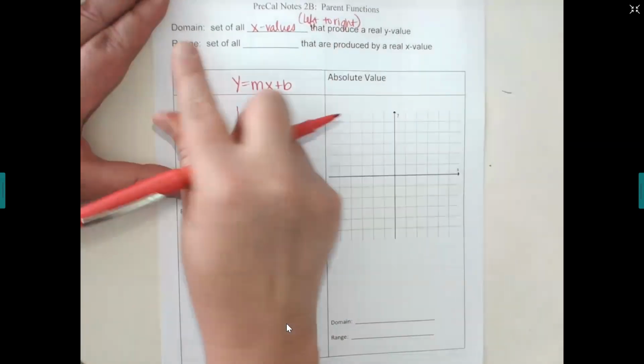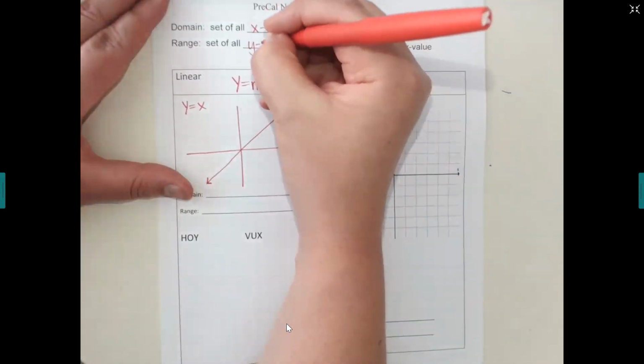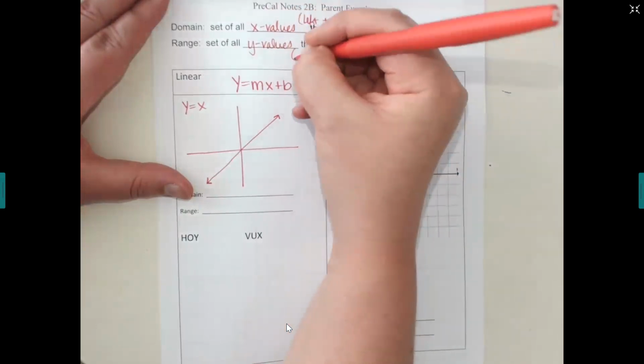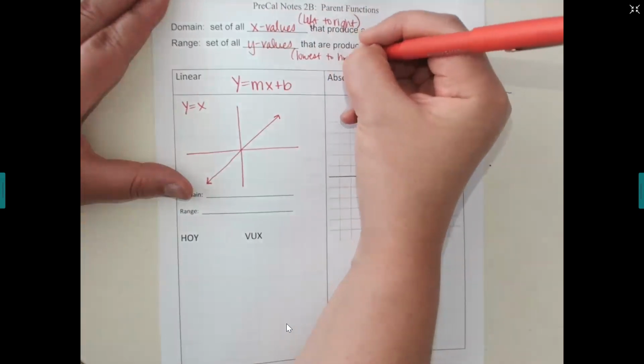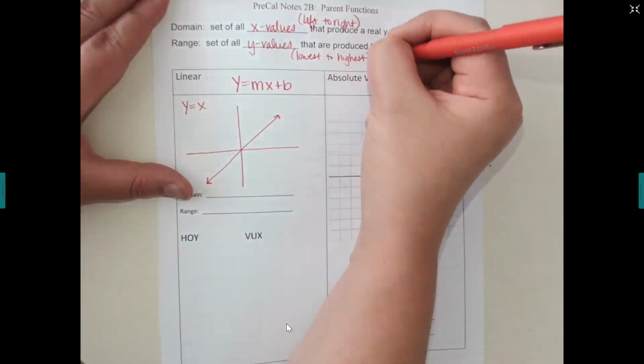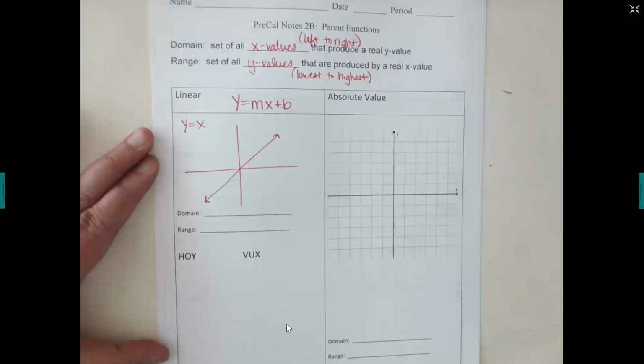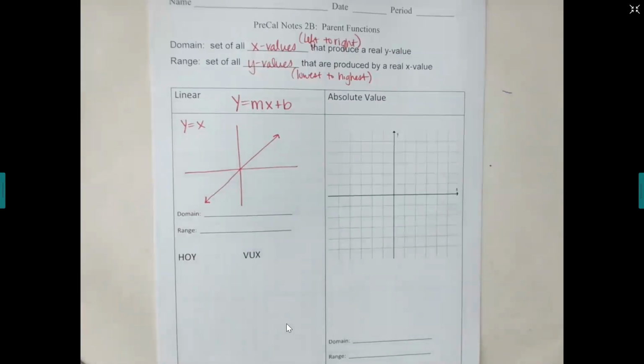Versus for range, it's going to be all possible Y values, and you're going to be measuring lowest to highest. So for example, if I'm looking at my domain, I want to go how far to the left does the line go? Then how far to the right does the line go?